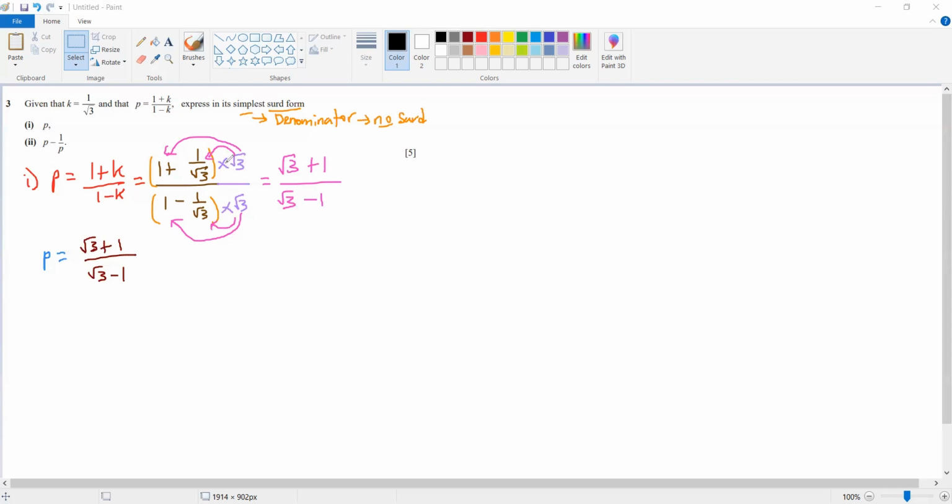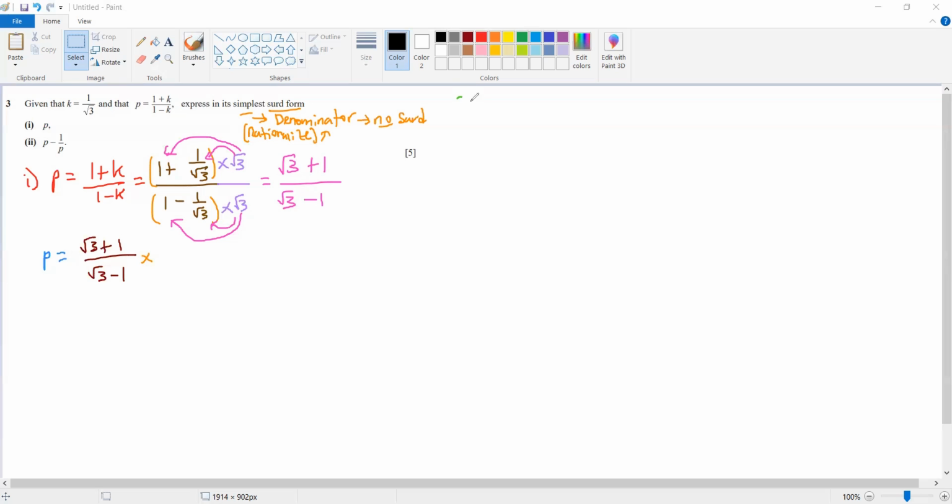So how do we do that? We do a technique called rationalizing the denominator. Let's multiply by the conjugate. What is the conjugate? Let's give a small note here.